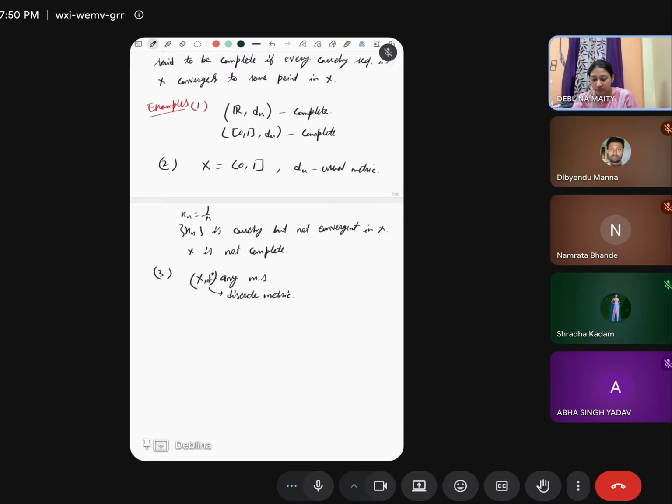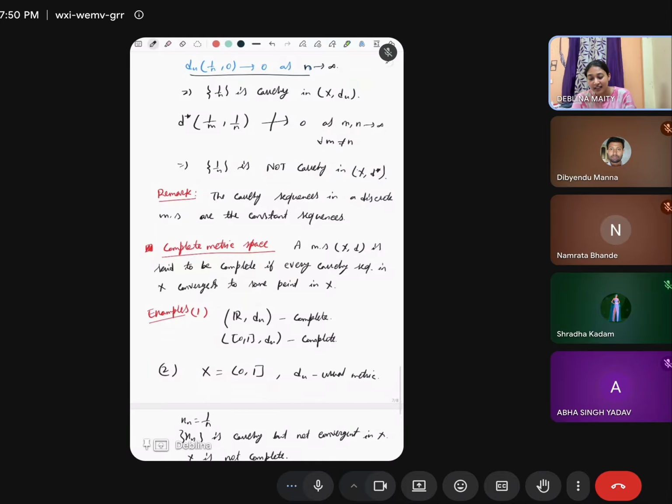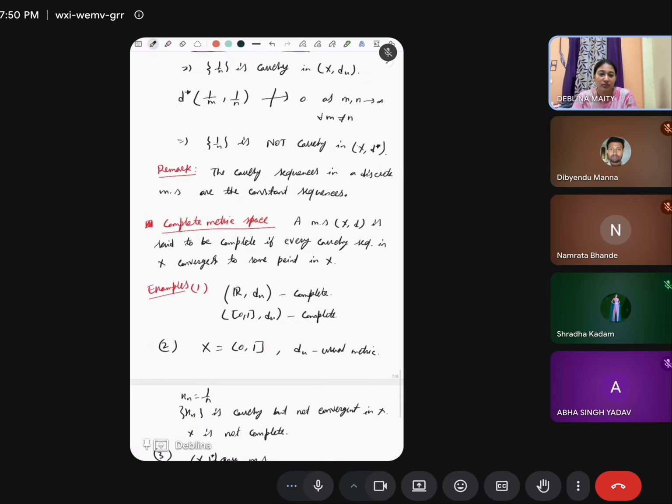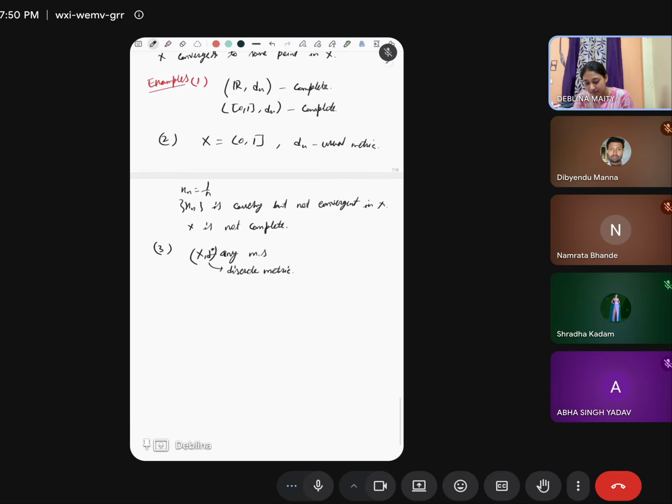Complete means every Cauchy sequence must converge, right? And in the remark I have written that every Cauchy sequence in a discrete metric space is a constant sequence, and a constant sequence always converges. So every Cauchy sequence in a discrete metric space always converges. So it is complete.